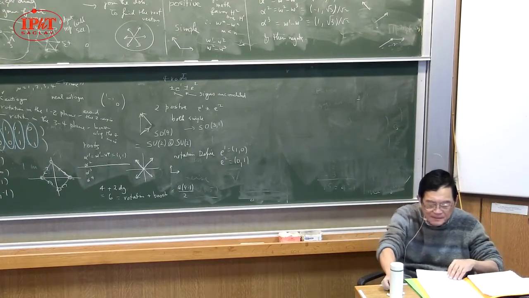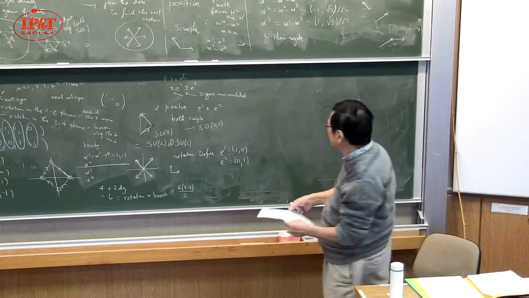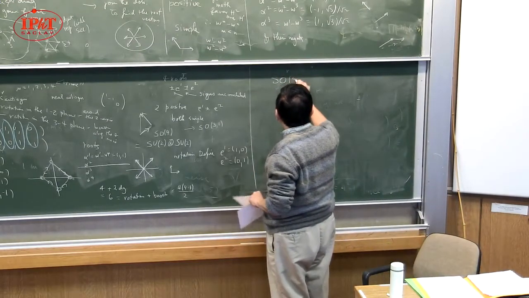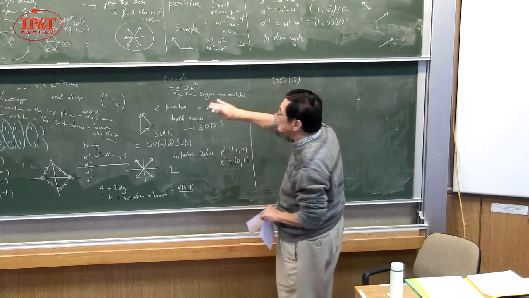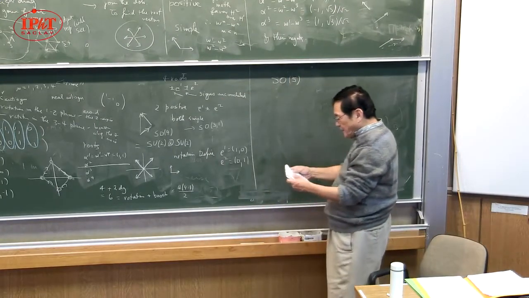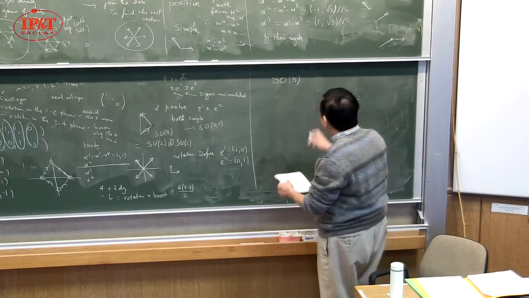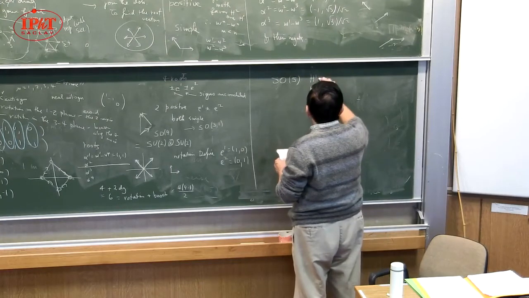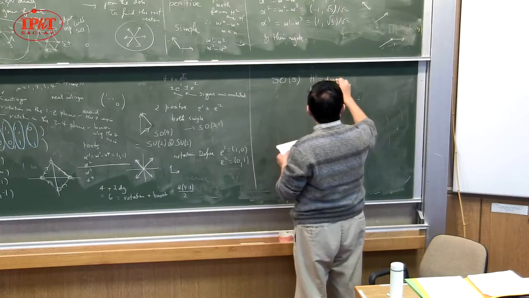Okay. So next, I show you something interesting, which is SO5. Now we move on from SO4 to SO5. There will be some surprises. So in SO5, the diagonal generators are H1 and H2.